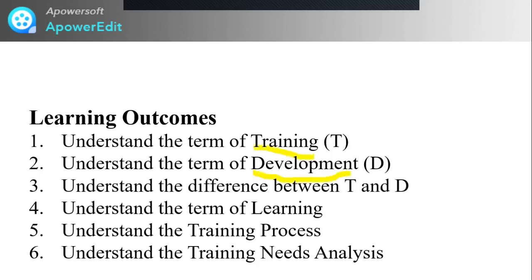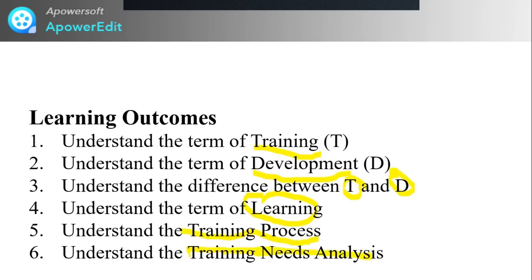There are two terms, training and development, T and D. Understand the difference between training and development. Understand the term learning, the training process, and the training need analysis. Training need analysis is the first step of the training process.